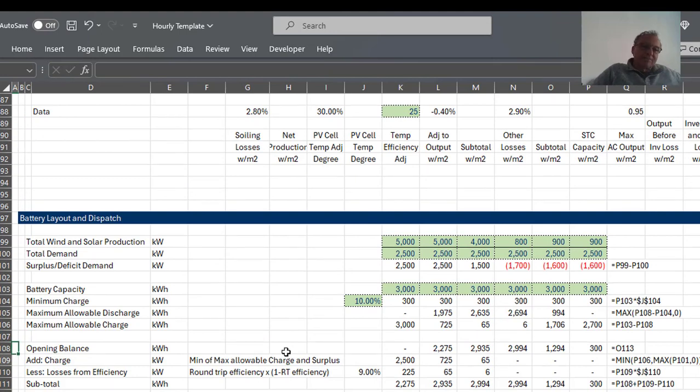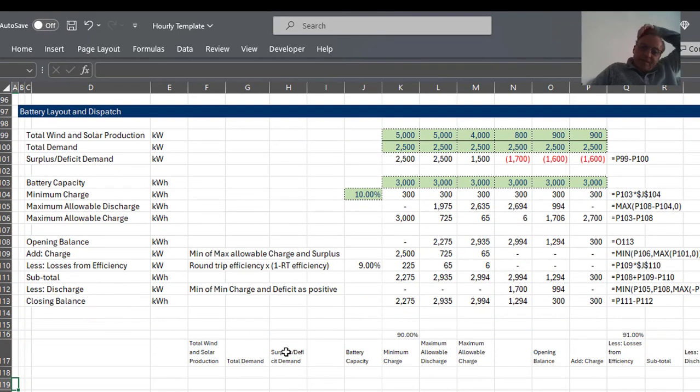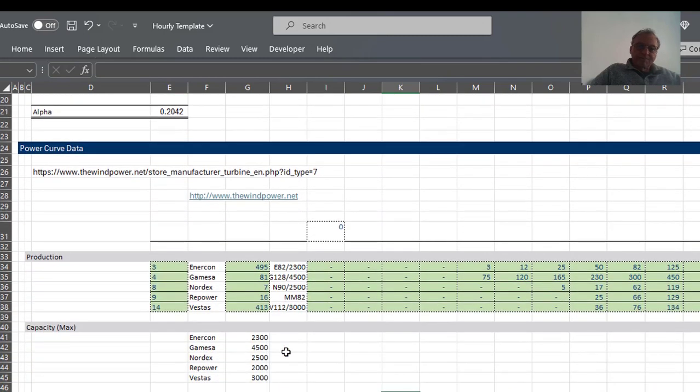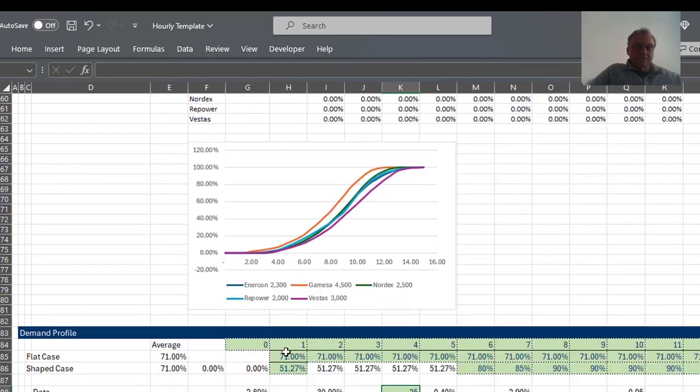Now let's talk about the battery just for a minute. I don't know if we should do this all in one sheet. Perhaps we should. But the trick for me with a battery is you start with how much solar and wind you get from what we're just looking at above. We just went through and said, here's our wind speed and our power curve.